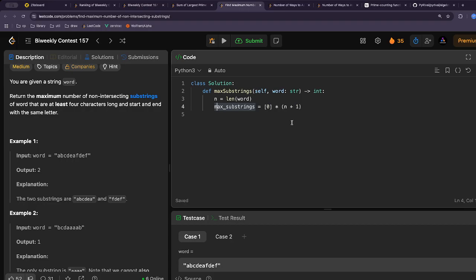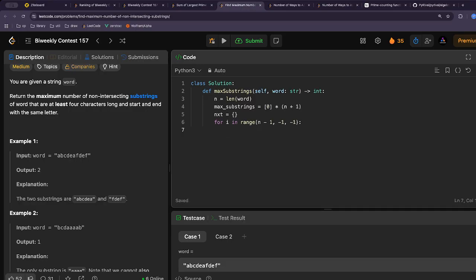In that case, that's our base case, right? In that case, we can have 0 substrings. And we're going to go from right to left, and we're going to keep track of the next occurrence of each letter, right?